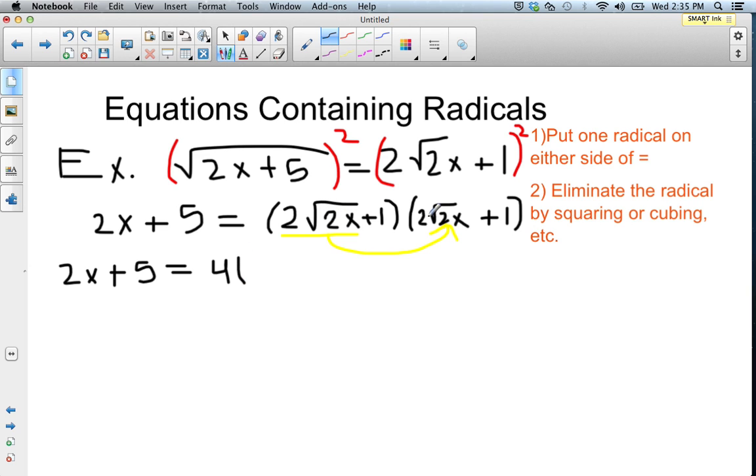And square root of 2x times square root of 2x. Well, the square roots are going to cancel each other. Remember, it's just like we were doing before. It completes the square. We'd have 2 times 2, and we'd have x times x, so it really just ends up being 2x. So that's my first term, 4 times 2x, which I'm going to write down here as 8x. And I'll rewrite my left side also, 2x plus 5.